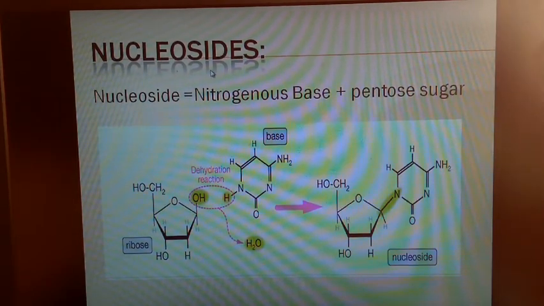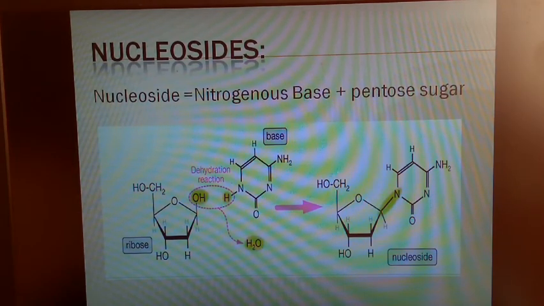So now what is this nucleoside? We'll discuss. A nucleoside consists of a nitrogenous base plus a pentose sugar. These are the two basic components of nucleic acids, pentose sugar and nitrogenous base. The nitrogenous base combines with the pentose sugar on the first carbon of the pentose sugar.